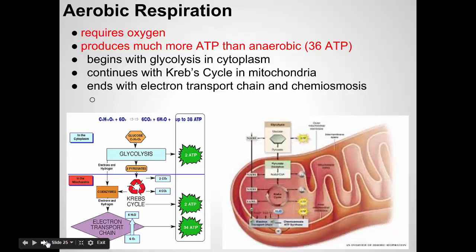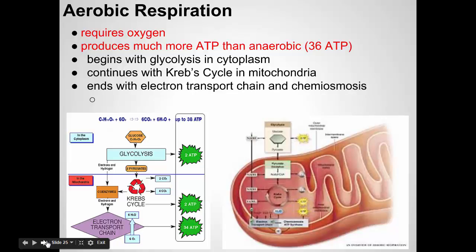The final step of aerobic respiration ends with an electron transport chain, like we talked about with photosynthesis, where we take high energy electrons and allow them to go from higher energy level to lower and lower energy level along the way, using that change in energy to do some work. And finally, it ends with ATP synthase, chemiosmosis, where we manufacture ATP as hydrogen reestablishes its balance and flows down the concentration gradient.